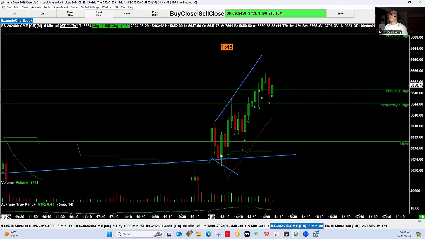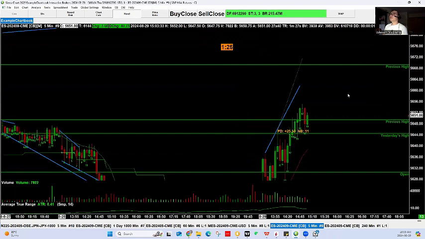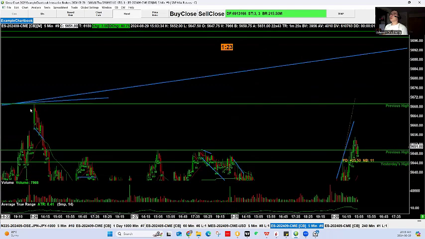It can be a small pullback trend and lead to the measured move and go to the previous high.